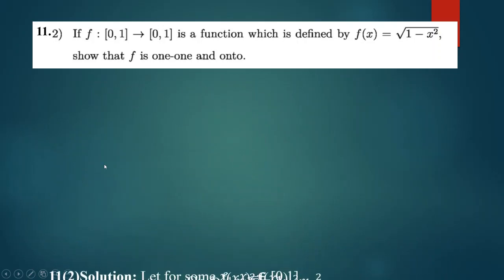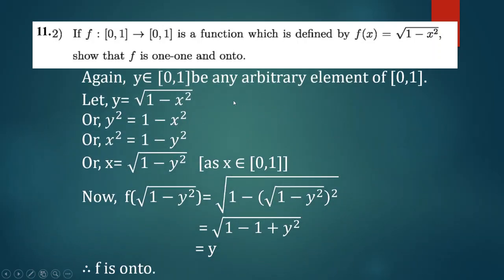Clear? Now I have to show f is onto. Similarly, let y be any arbitrary element of this codomain, and we have to show at least one element x belonging to this domain for this y, such that f of x equal to y. Let y equal to this.